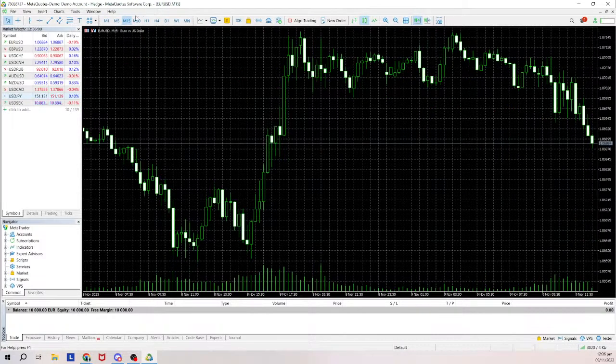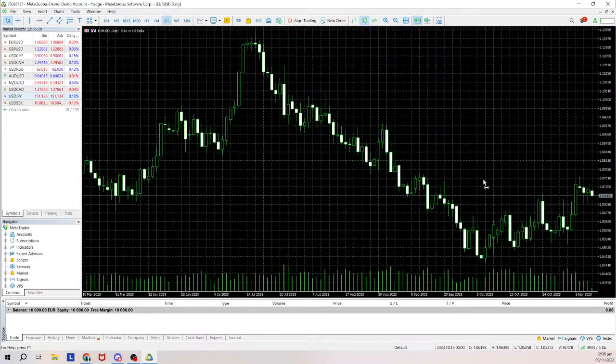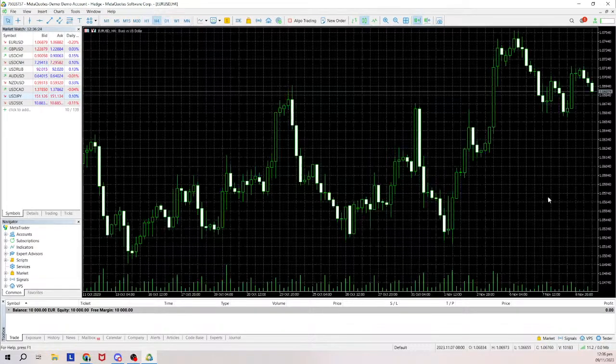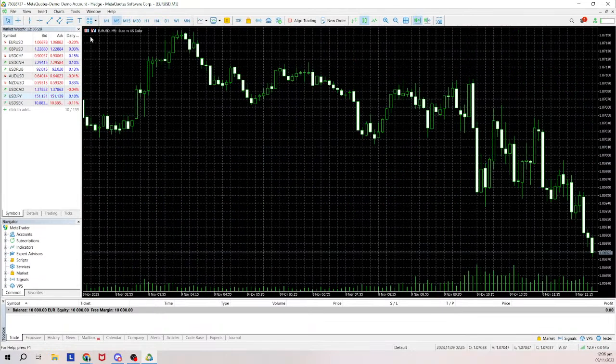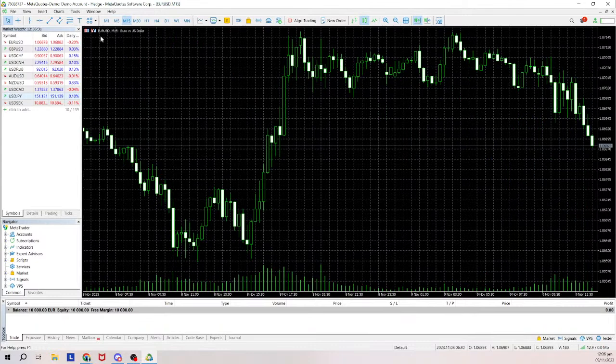Depending on the time frame and your trading style, you choose a different time frame. The most famous ones would be the daily chart to see what's happening every single day, then the 4 hour chart and the 15 minute chart, and for some people even the 5 and 1 minute chart. It really depends on your trading style.